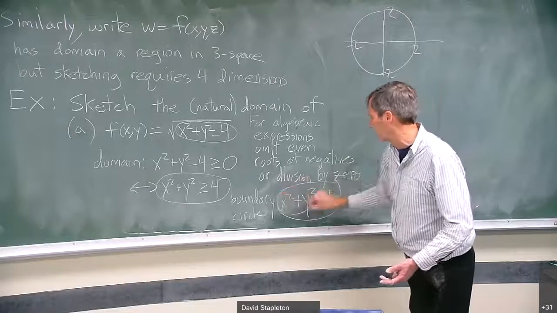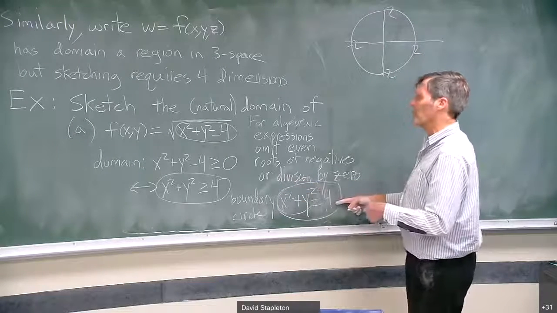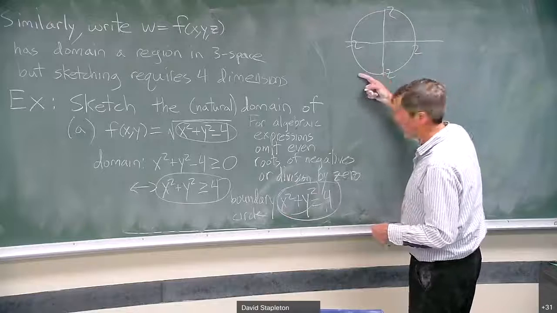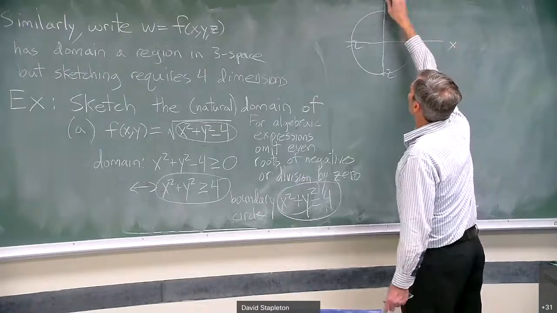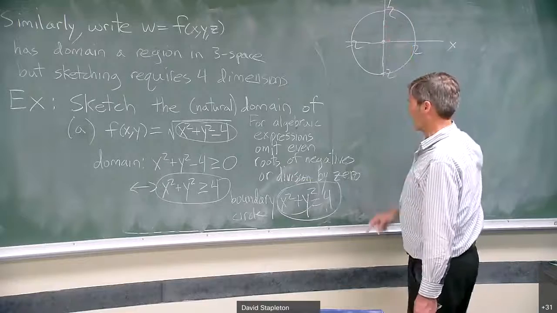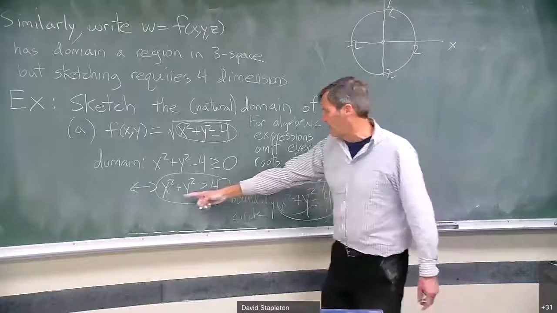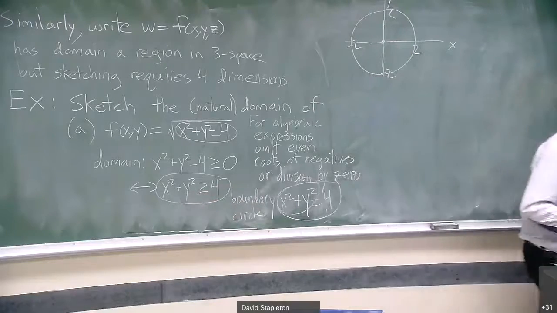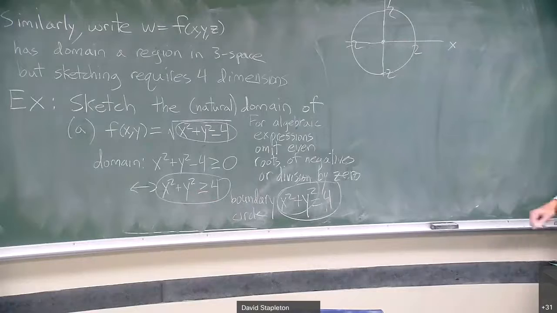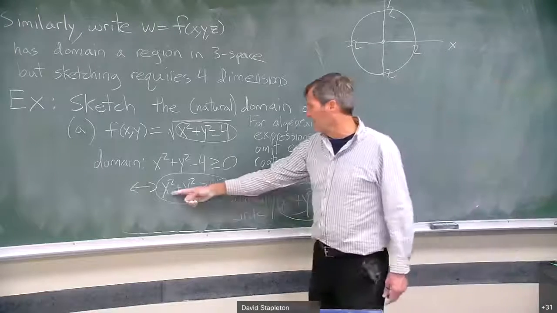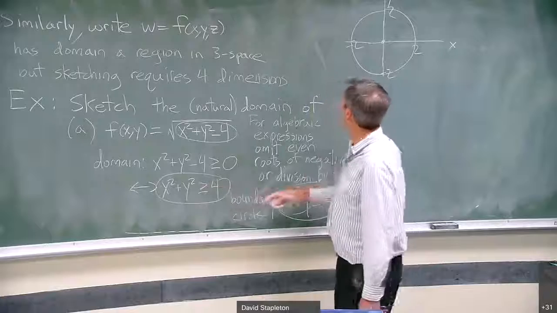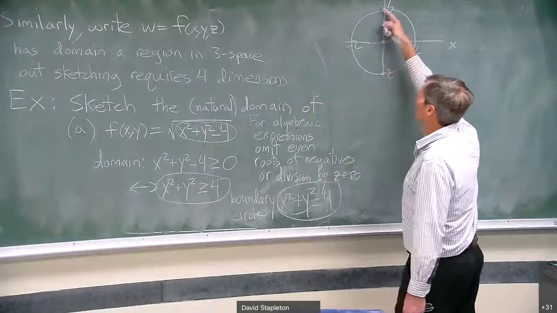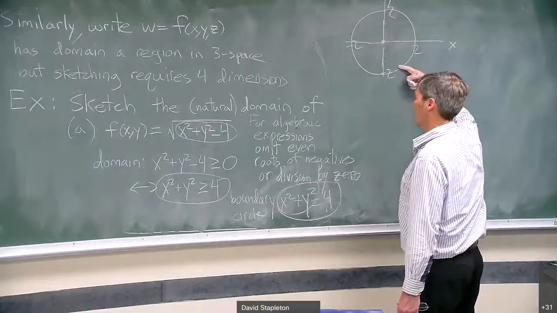It doesn't suddenly jump over 4 from being positive to negative without going through the boundary. So that's what we'll do. We'll sketch the boundary, and then we'll just check a point inside, like 0, 0. Look at the inequality. If I put in 0 for x and 0 for y, it's not greater than or equal to 4. So that's not in the domain. The origin isn't. I deduced that all the points in here are not in the domain.